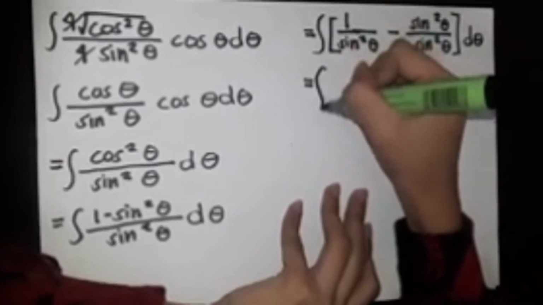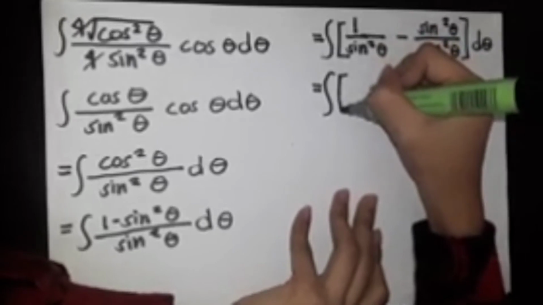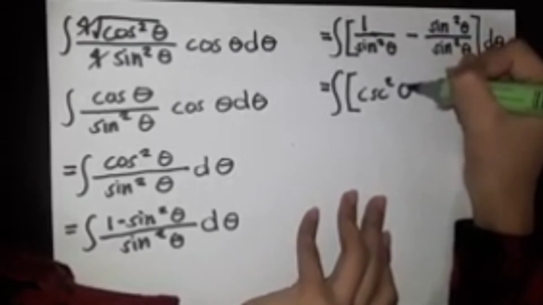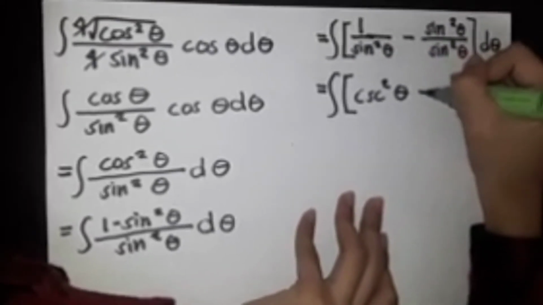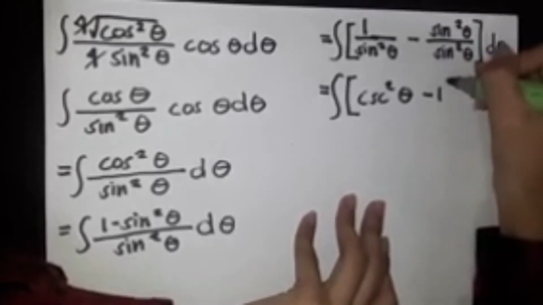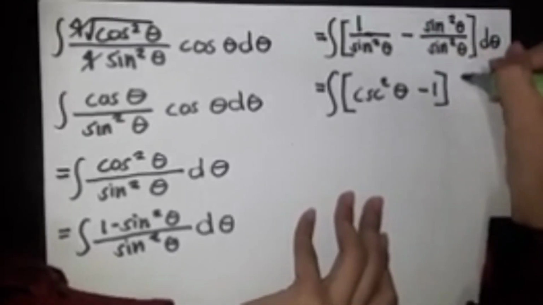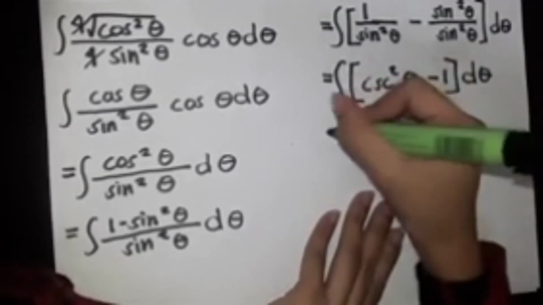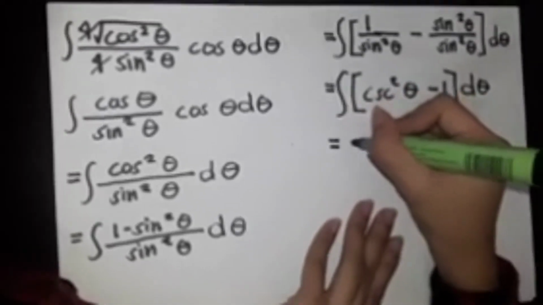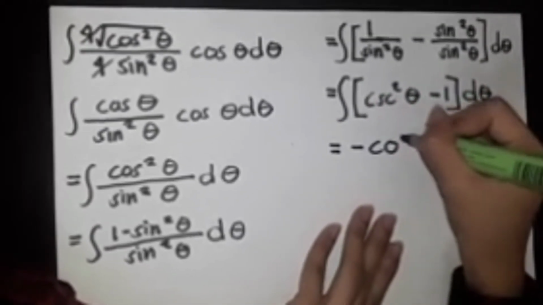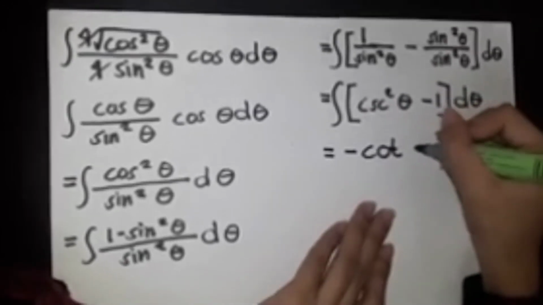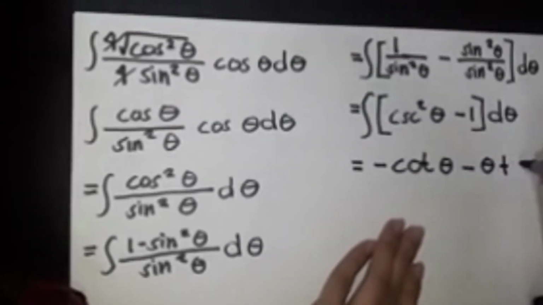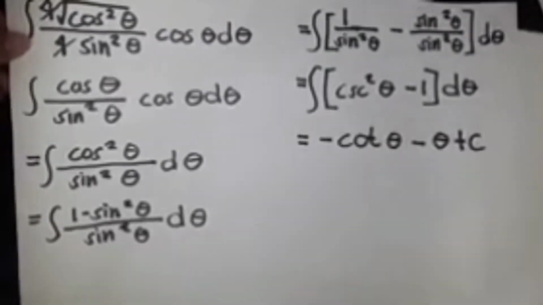Okay, we already know that the reciprocal identity of 1 over sine squared is equal to cosecant squared, and sine squared divided by sine squared is equal to 1, d theta. We all know that the antiderivative of positive cosecant squared is cot, or cotangent, and the antiderivative of negative 1 d theta is negative theta plus c.